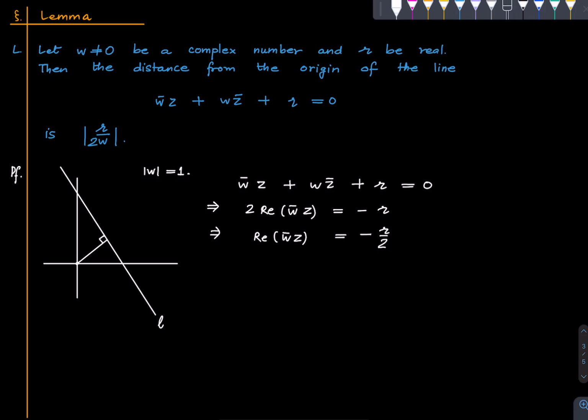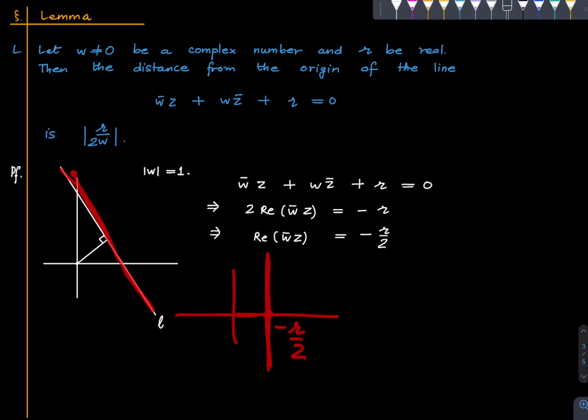All right. So the things which satisfy that, if you rotate them by w bar, meaning if w is cis theta, then if you rotate things which satisfy that by theta in the clockwise sense, you get that their real part is this number. So after rotating, this number, this is minus r by 2, is all those complex numbers that were initially here.